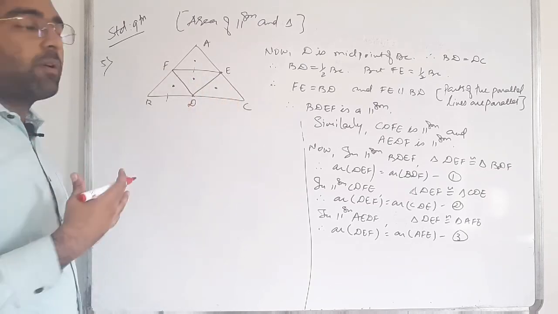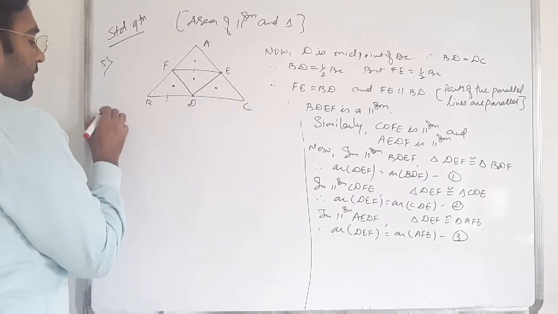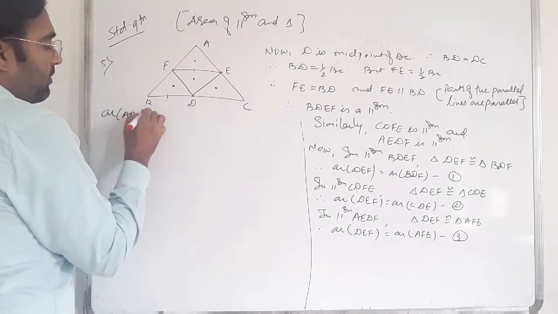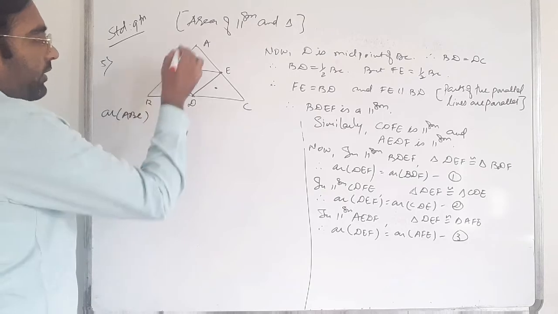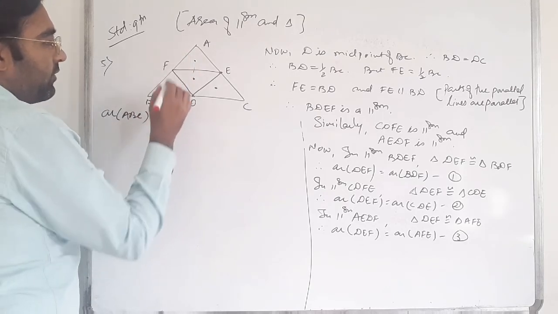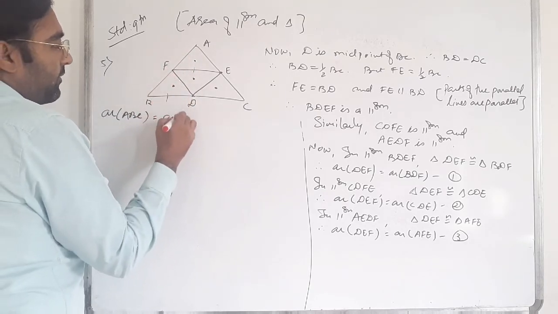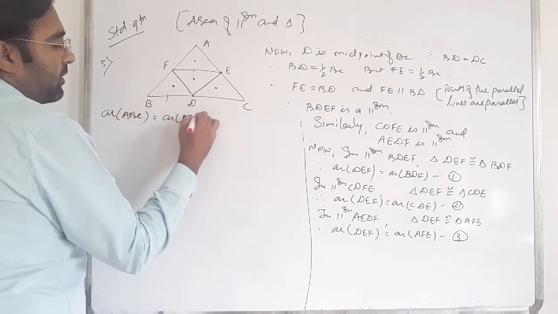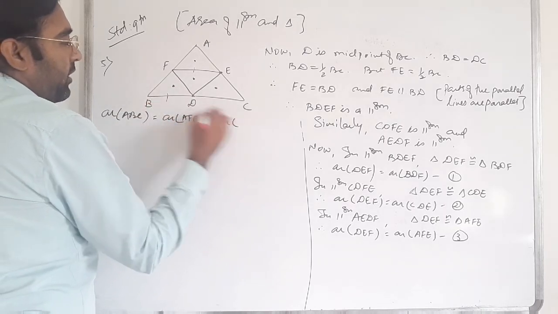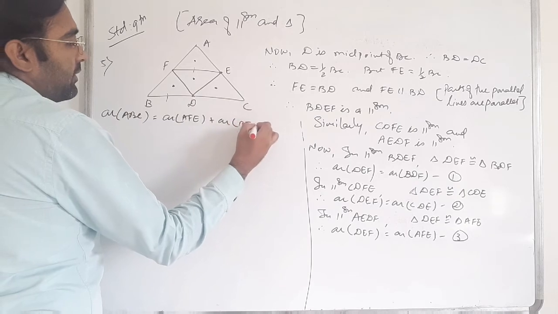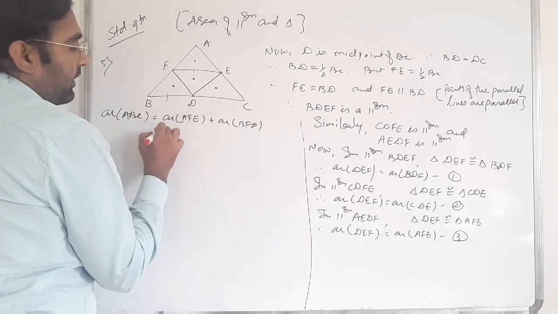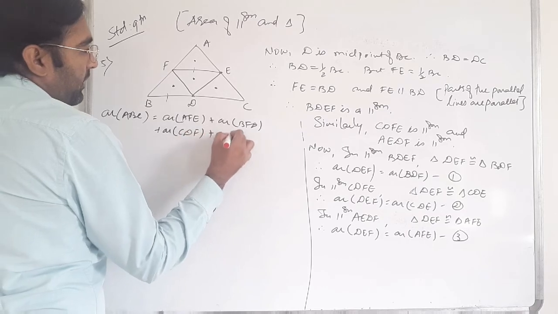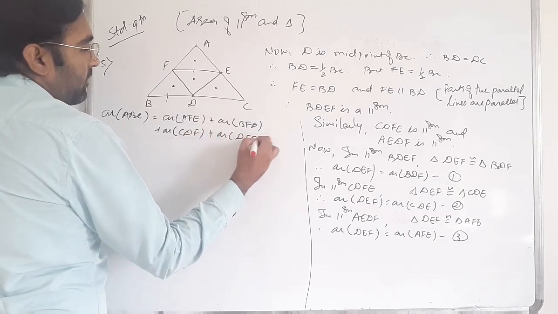So I write that area of ABC, the whole triangle, is divided into four triangles: area of AFE plus area of BFD plus area of CDF plus area of DEF.